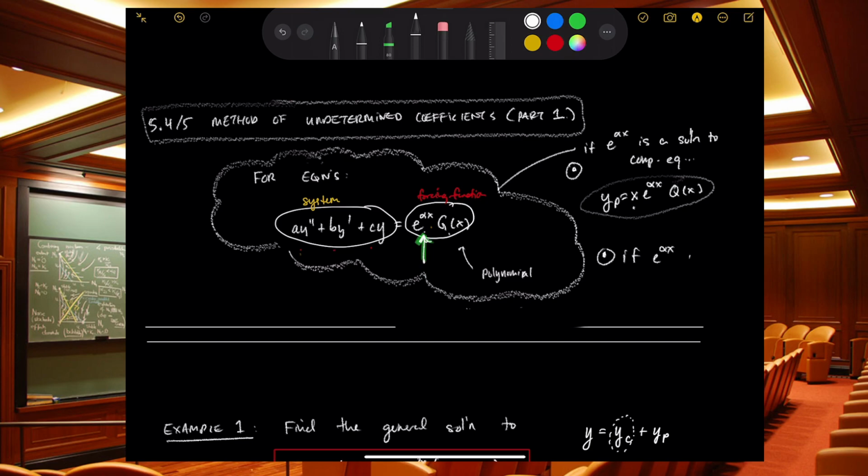If e to the alpha x and x e to the alpha x are solutions to the complementary equation, then y particular is going to look like x squared e to the alpha x times some q of x.